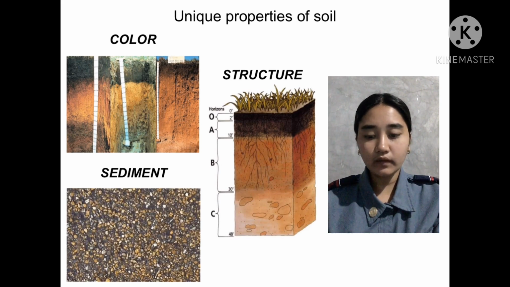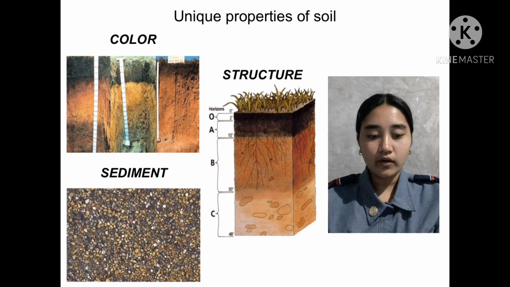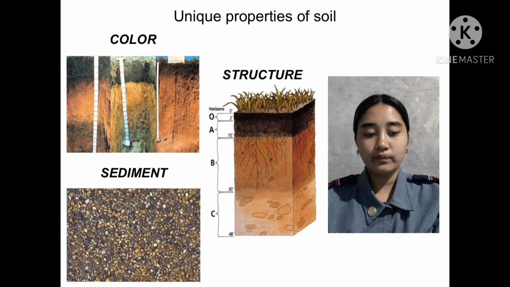And pag gray soil naman, ito yung ibig sabihin is organic or moisture is present. Kapag soil is red or brown or yellow, generally, ito yung nagsasuggest na pag yung iron is present.